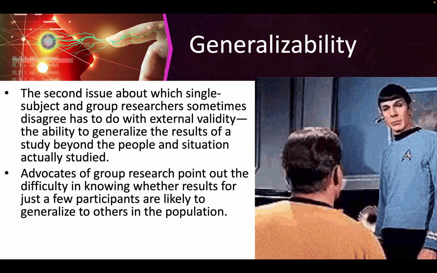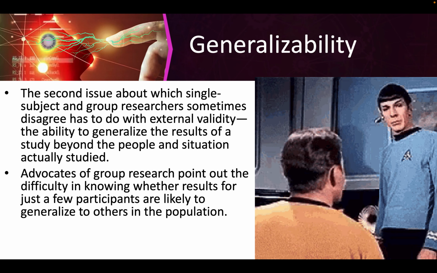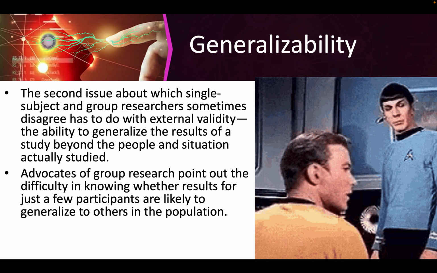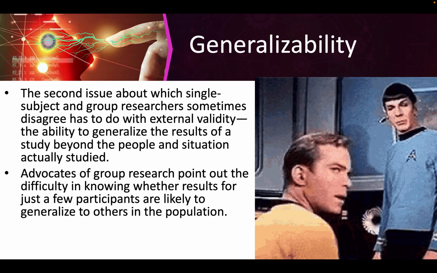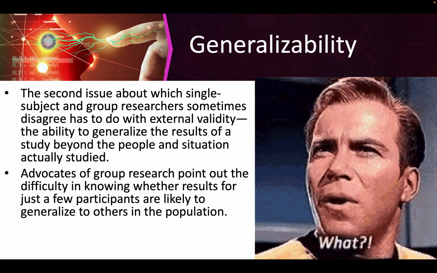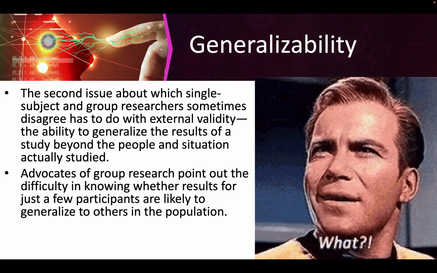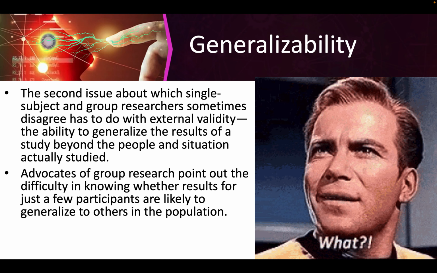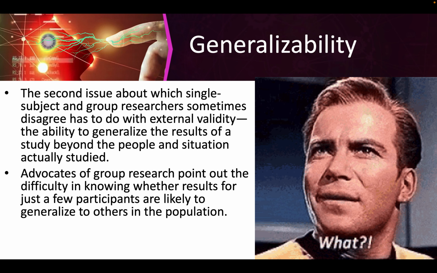The second issue about which single subject and group researchers sometimes disagree has to do with external validity, the ability to generalize the results of a study beyond the people and situation actually studied. Advocates of group research point out the difficulty in knowing whether results for just a few participants are likely to generalize to others in the population.